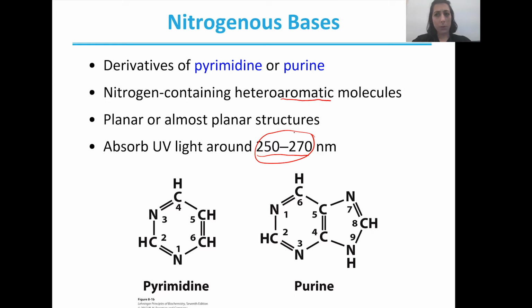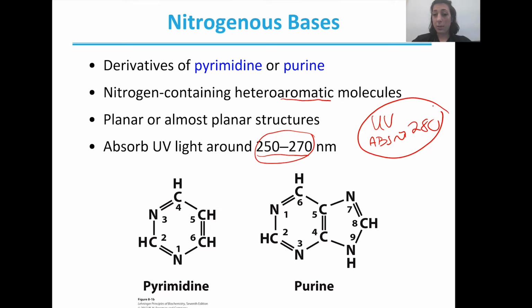We talked about in proteins, proteins also have aromatic amino acids that in that case happen to have a UV absorbance of around 280. This is good because it helps us distinguish if we have protein or if we have some type of nucleotide.